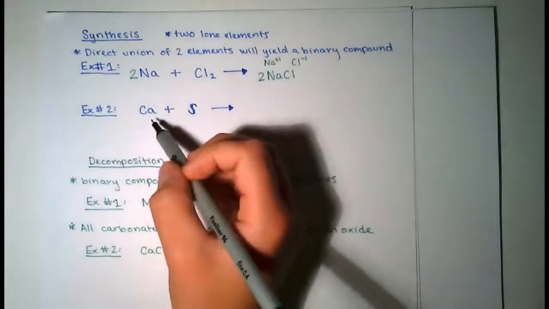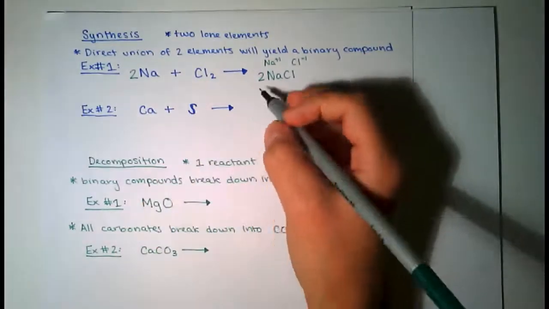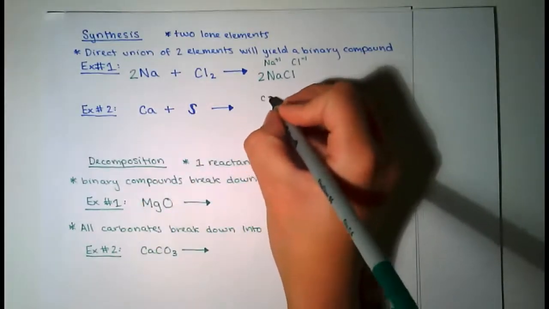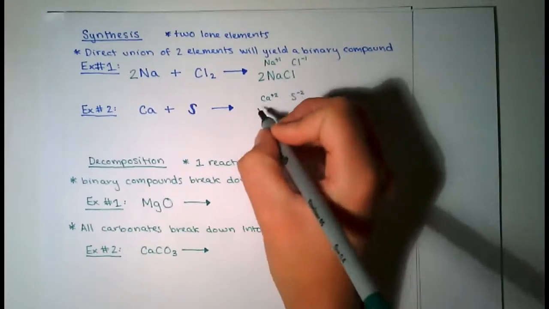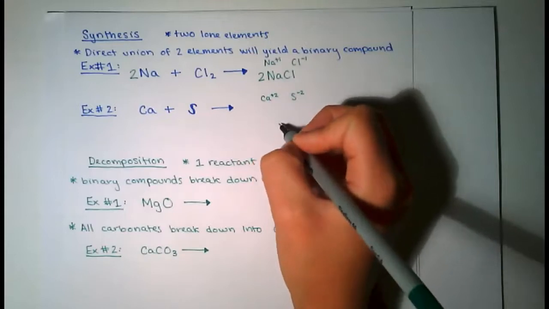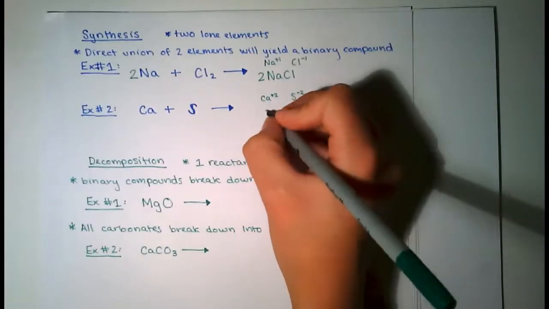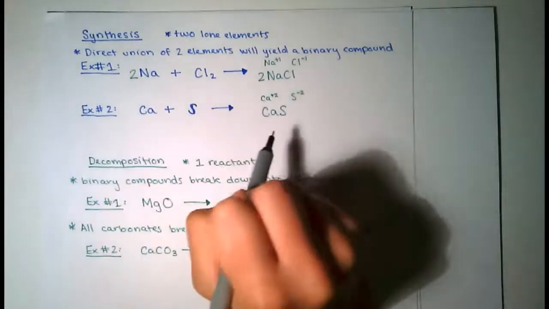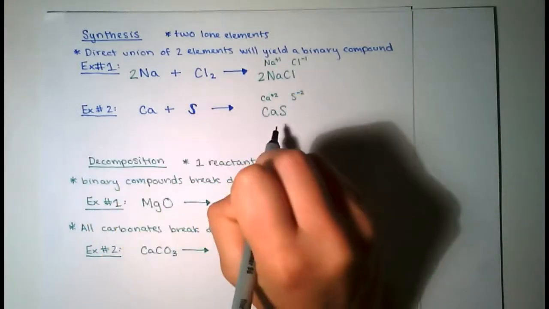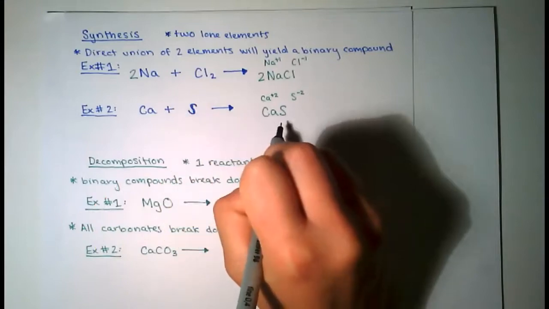Looking at the second example, we have calcium and sulfur. So calcium has a +2 charge, and sulfur has a -2 charge. So when we crisscross, we're going to get Ca2S2, but that reduces to just CaS. So here, the equation is actually already balanced. We have 1 calcium on each side and 1 sulfur on each side.